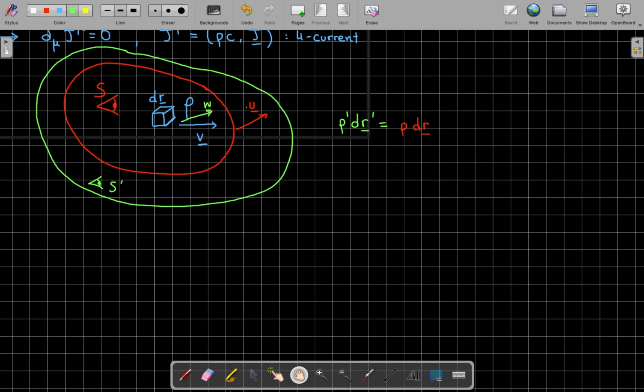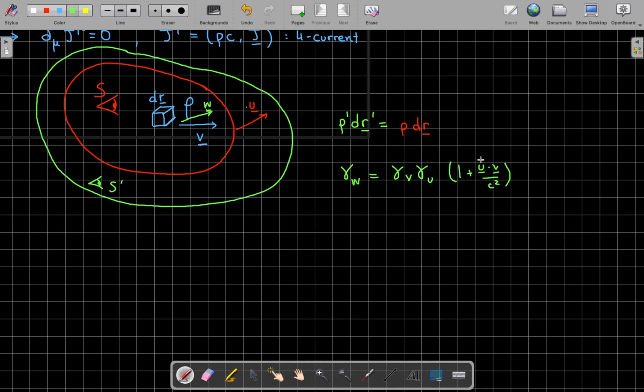But let's just say that it's just some w. In that case, there's a very famous relation which I've derived previously, which says that the gamma factor of this speed w is equal to gamma v gamma u times 1 plus u dot v over c squared.